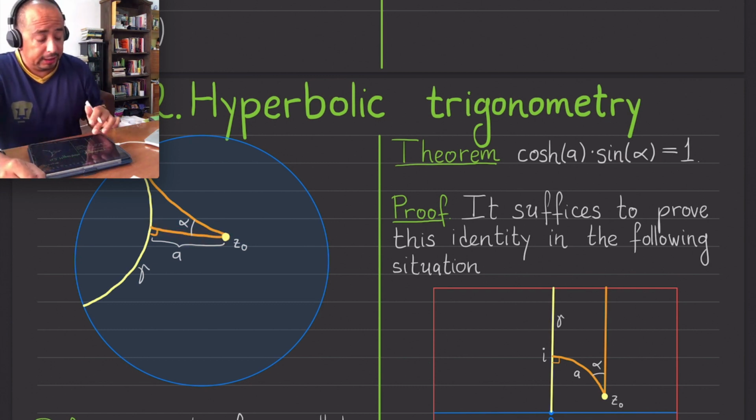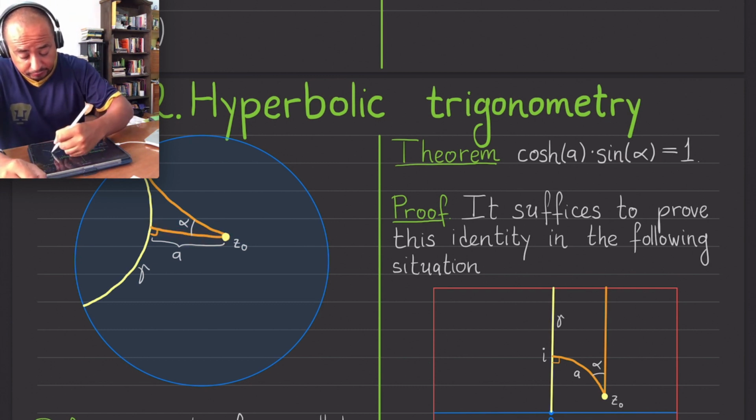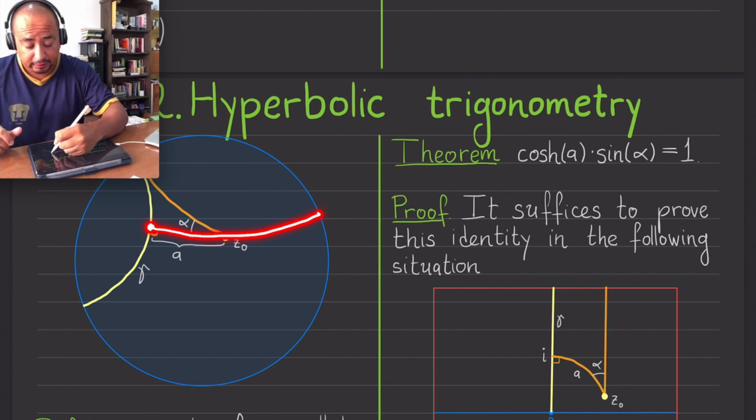In other words, if I draw this whole ray, this half geodesic from this point to infinity, then the angle of parallelism can be put as a differentiable function of this distance.